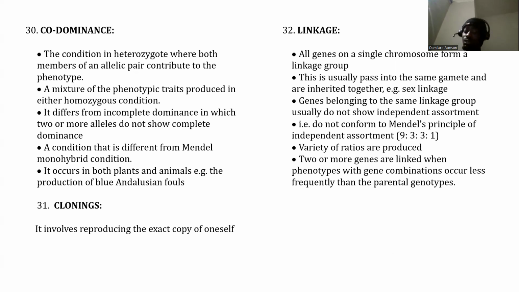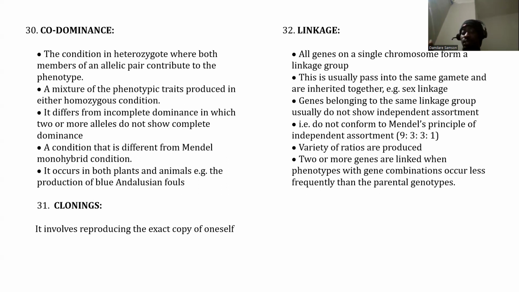We are looking at two characters together, dihybrid. So under linkage, because there is a link between two genes on the chromosome, they will not follow the 9331 because they've linked together. Two now become one. So they now behave like one.